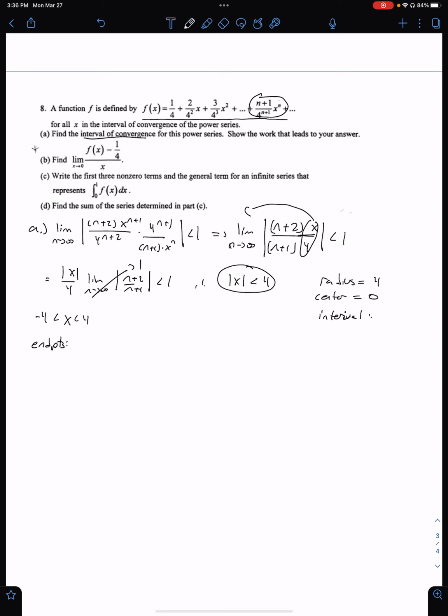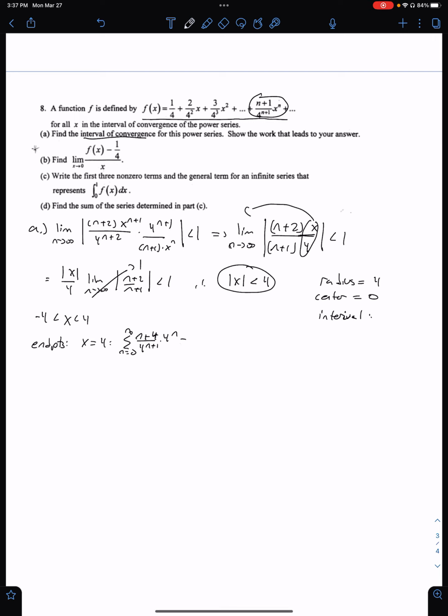Checking the endpoints. The first one, let x be 4 here. If we let x be 4, we would get the series as n goes from 0 to infinity, plug in 4, we would get n plus 4 over 4 to the n plus 1 times 4 to the n.